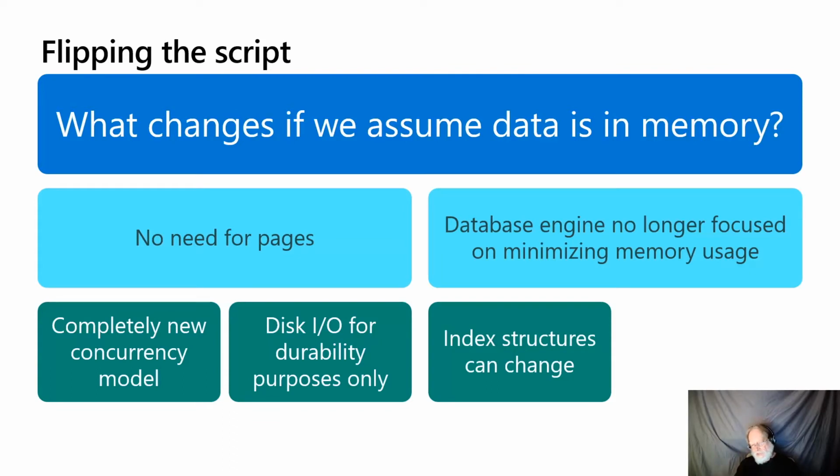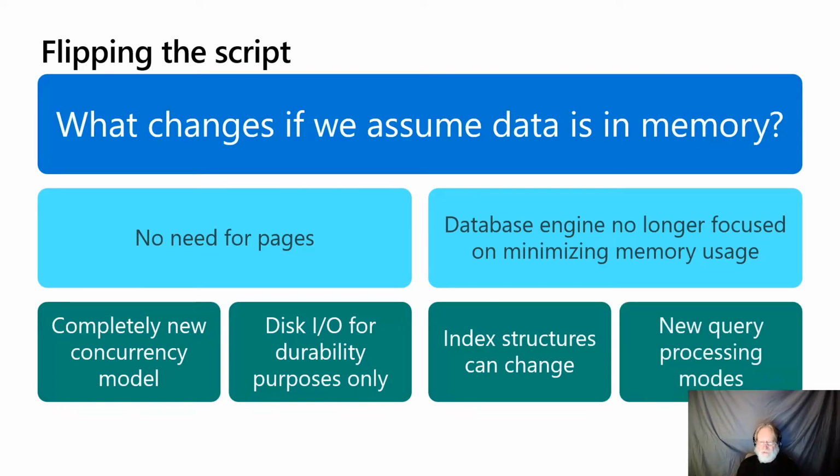Instead of being this multi-tiered address where you're looking at the file and the page within the file and the slot within the page, doing all these lookups at different levels, if the rows you're traversing from one to another are both in memory, why not just use a pointer? It makes it way faster. So we have new query processing modes where we can deal with lots and lots of rows in groups rather than row by row by row.